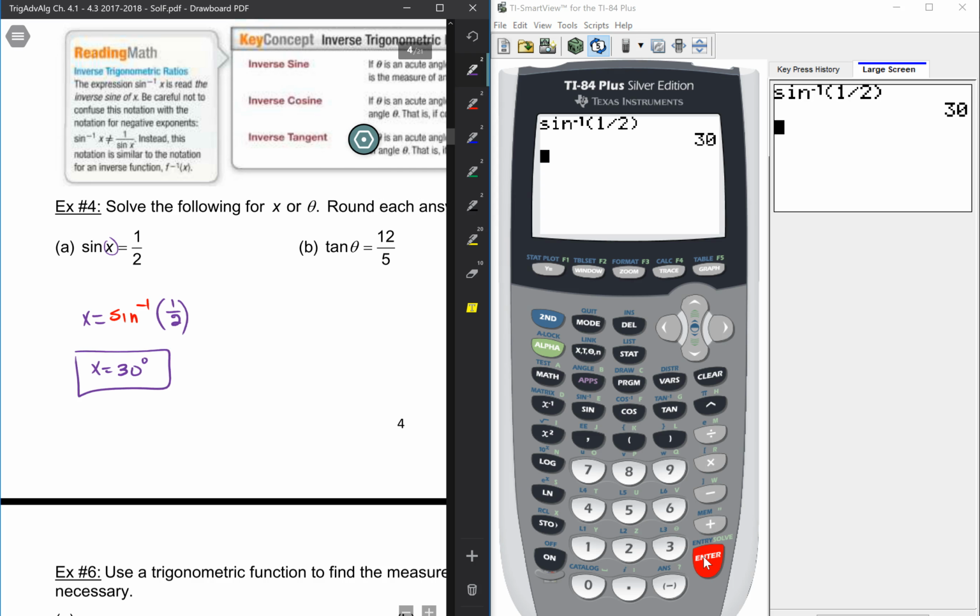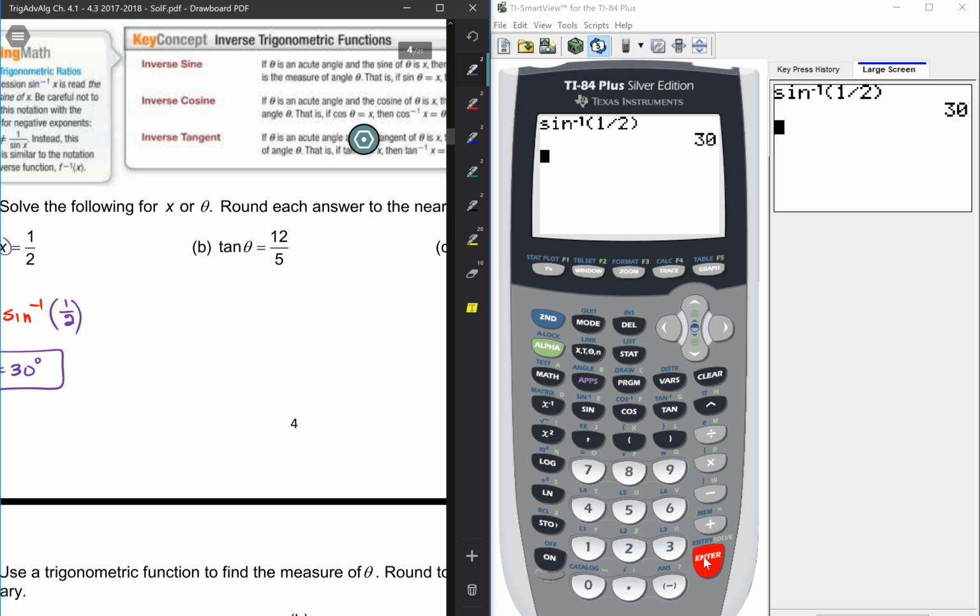Next, let's do the tangent. I have a mystery angle, and tangent of this angle is 12/5. So theta is going to be what of 12/5? Inverse tangent of 12/5.